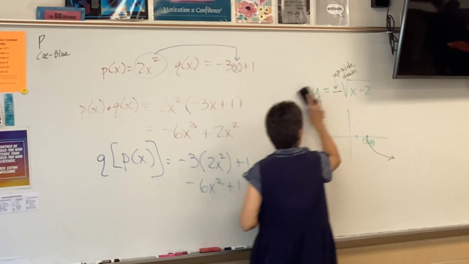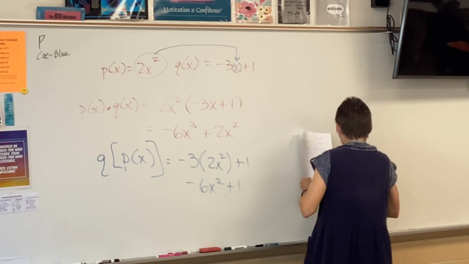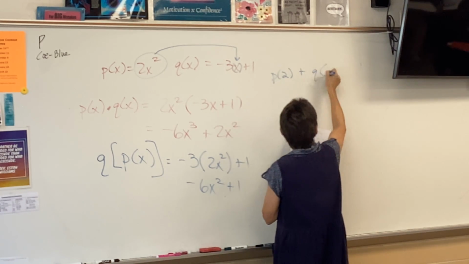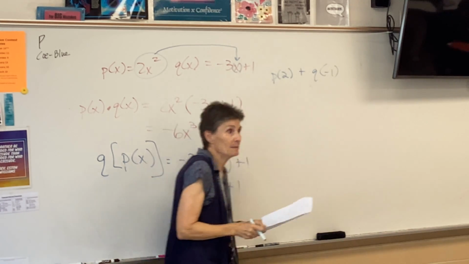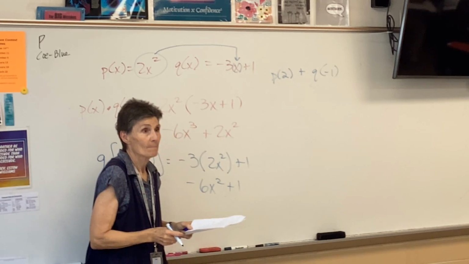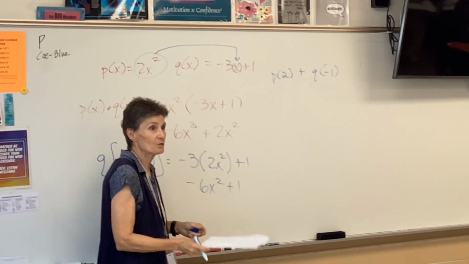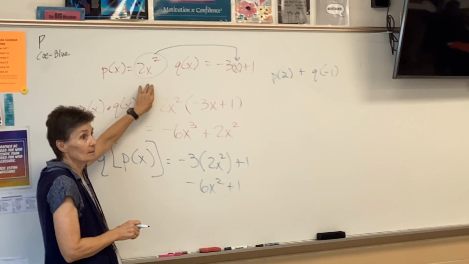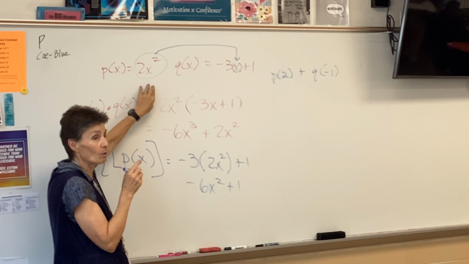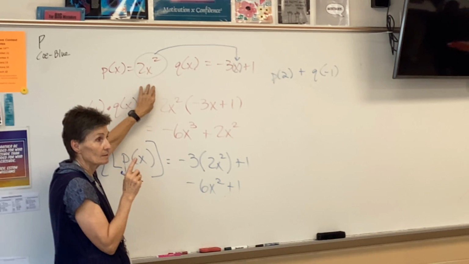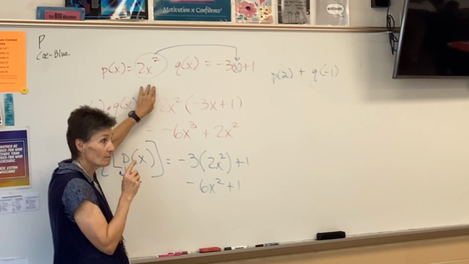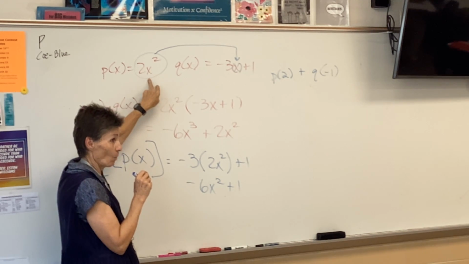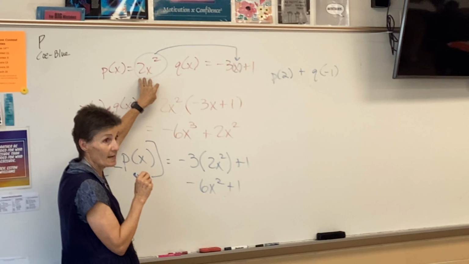All right, what about the next one? What does this mean? Plug 2 into P, and do that carefully. When you put 2 in there, what do you do first? Square, MDOS. So 2 squared is 4, times 2 is 8.